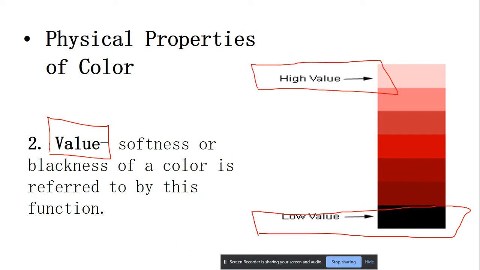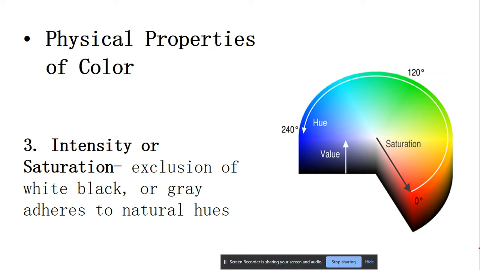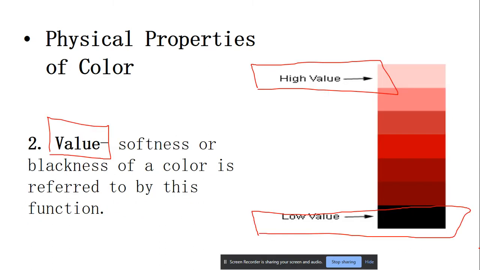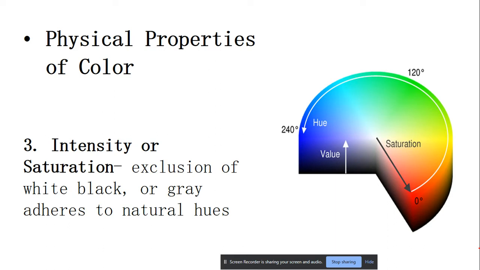You can observe low value, something that is dark, the darkness, and then up to its high value, it becomes lighter. There's something softer. All right. Aside from value, we also have intensity or saturation. This is the exclusion of white, black, or gray that adheres to natural hues.